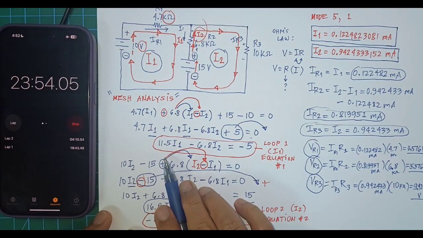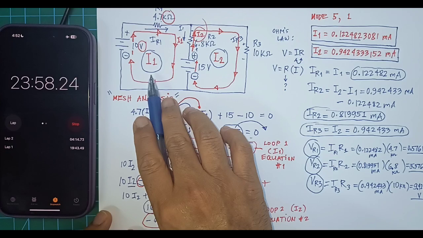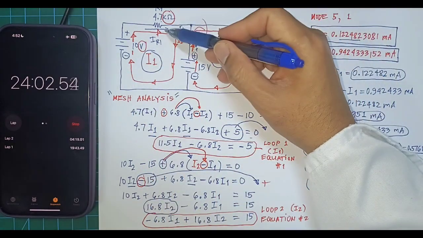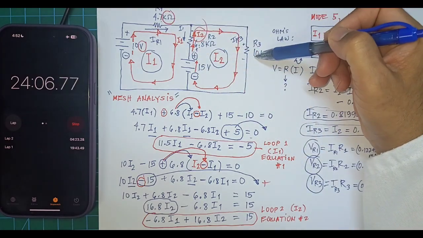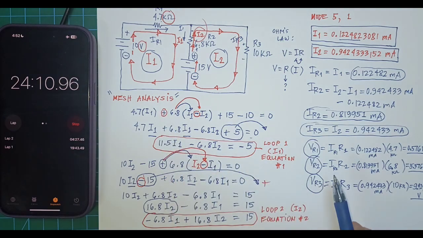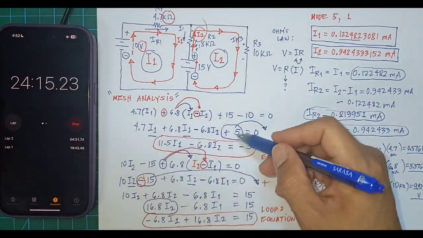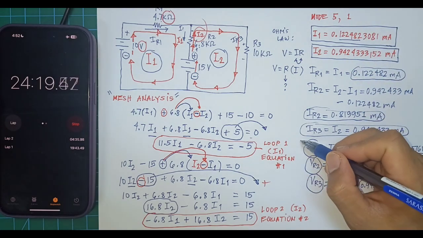So we will say that the mesh analysis using loop currents can be used to calculate the currents through R1, R2, and R3. And we can also use the mesh analysis to get the voltage. But we have to combine the mesh analysis technique that we did with the Ohm's law right here.